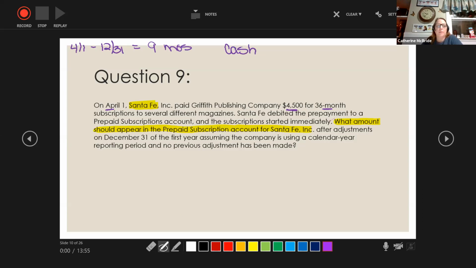We're the other company. They had prepaid subscriptions and spent cash for $4,500.